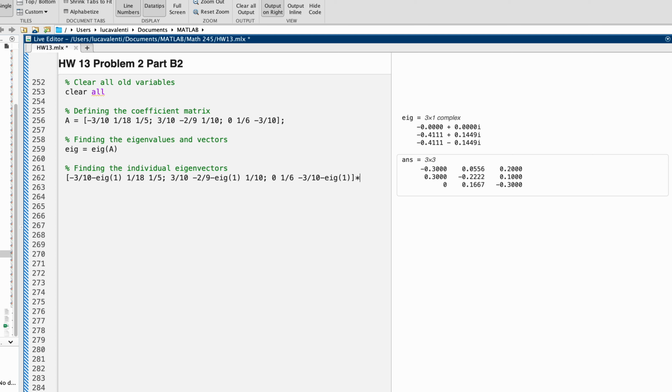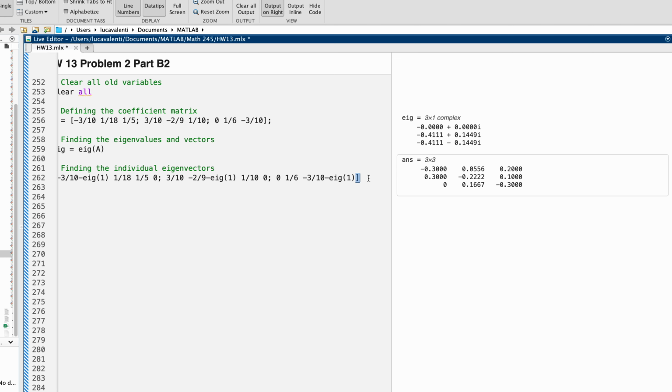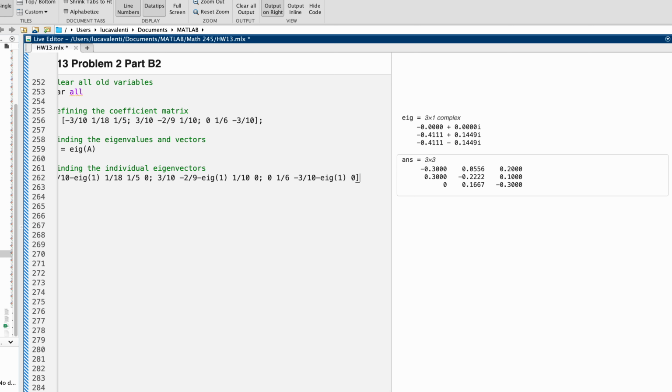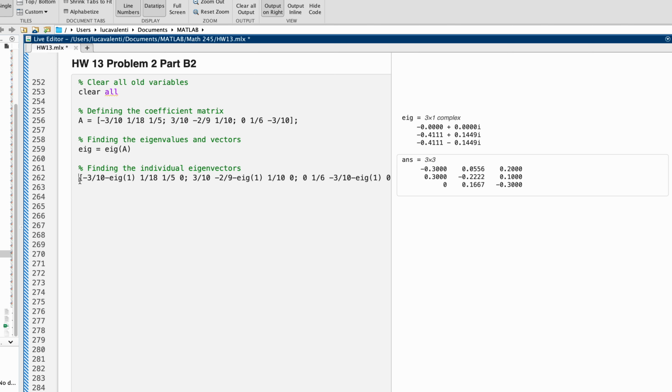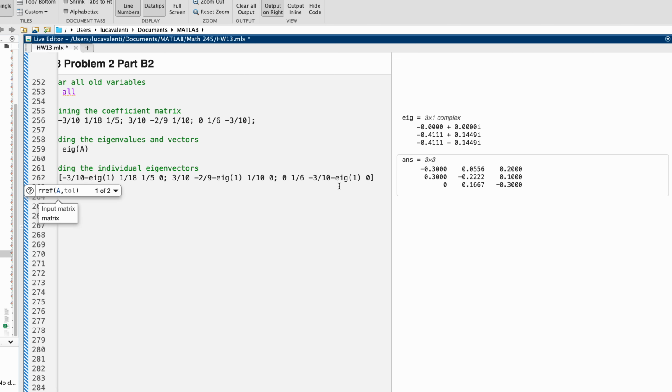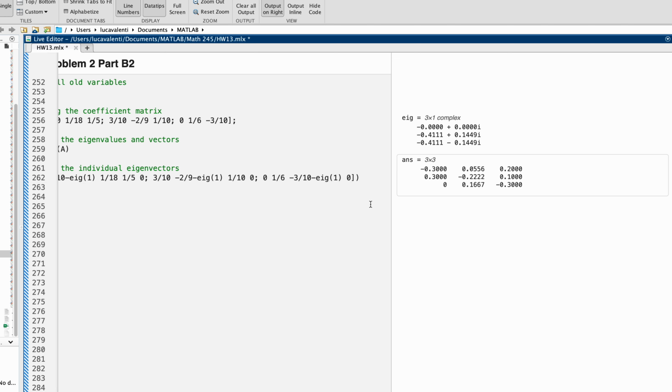And now I want to say that I want to solve for the eigenvector k. So I want to multiply it by, well, let's augment it. So we're just going to keep it like this, and we're going to add a 0 at the end of each row, and 0 here. Now what we're going to do is we're going to put it in reduced row echelon form.